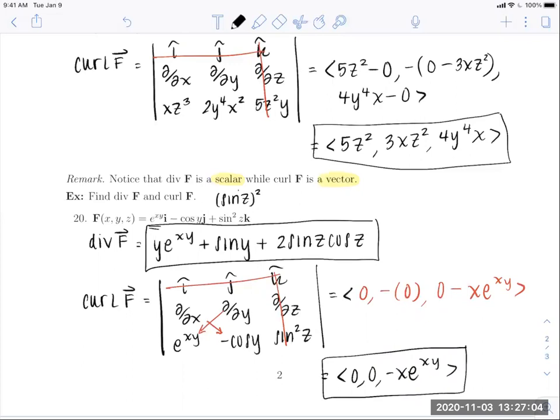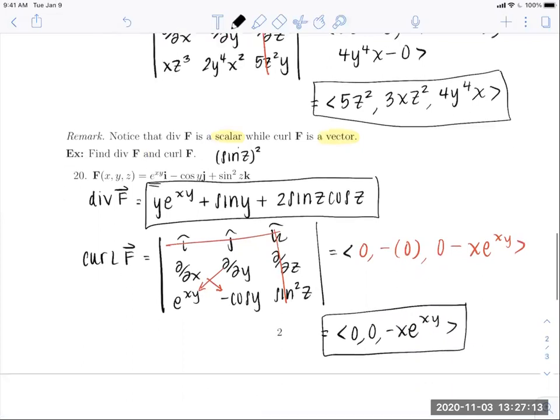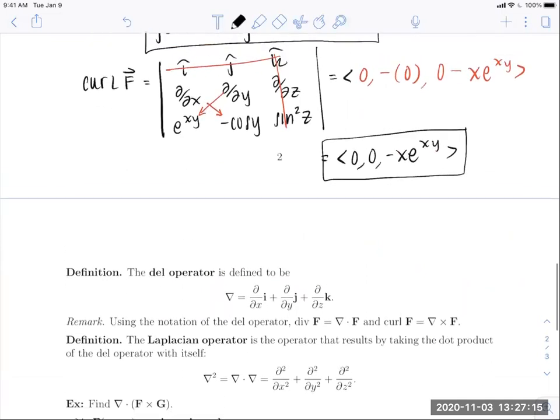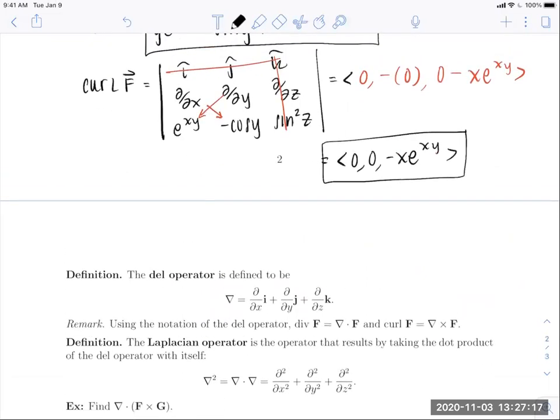So you'll notice throughout here that we're working a lot with these partial derivatives as operators. In certain areas, we're taking partials with respect to x and others with respect to y and z. And so that brings us to the del operator. The del operator is defined to be the operator that's going to output the partial with respect to x in the i hat component, partial with respect to y in the j hat, and partial with respect to z in the k hat.